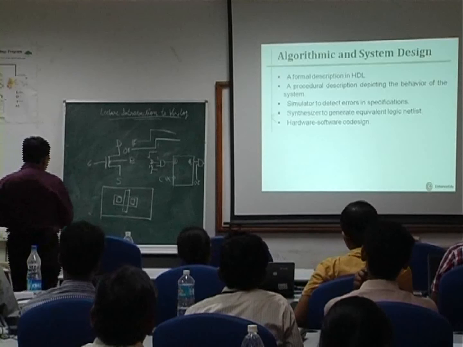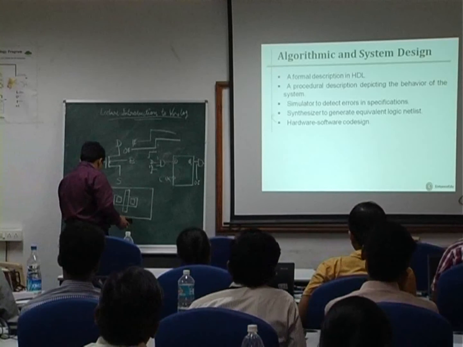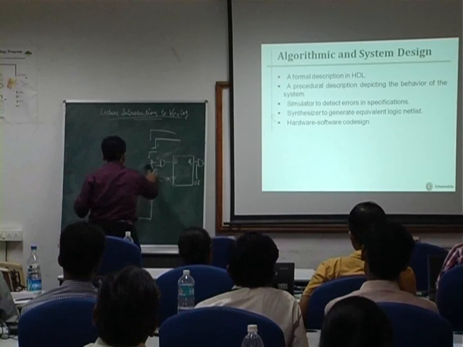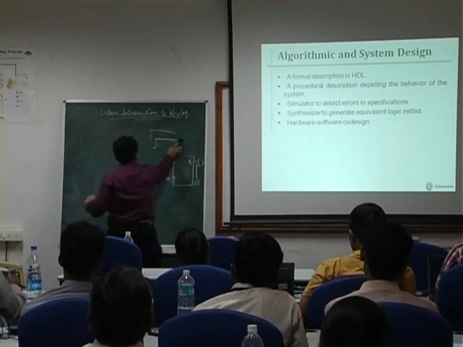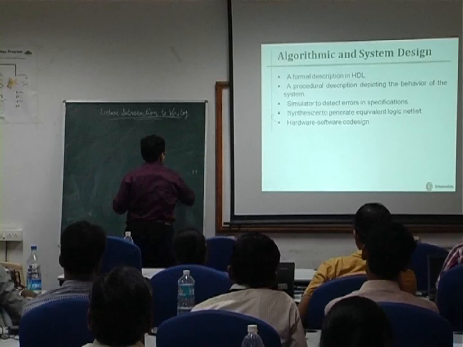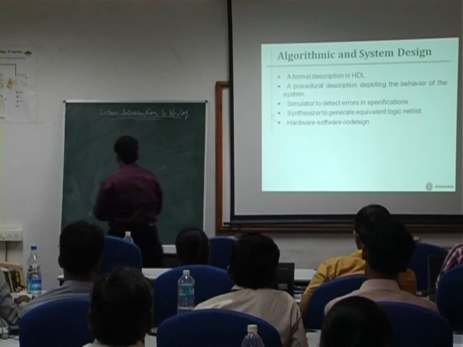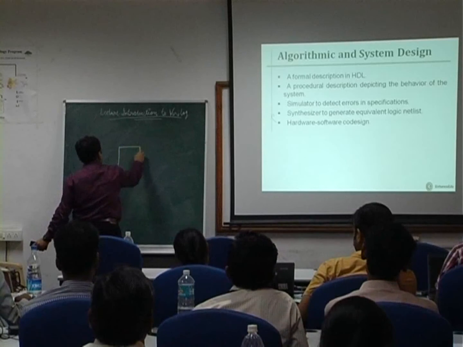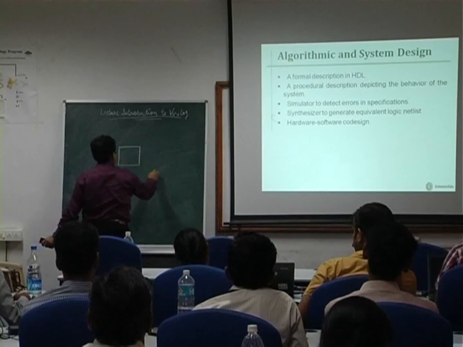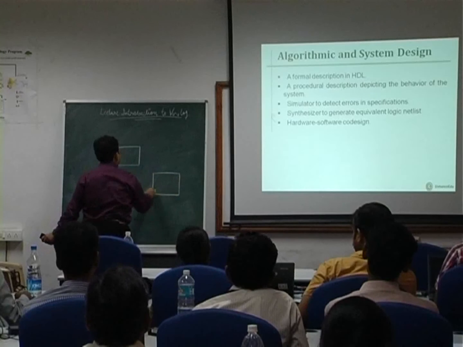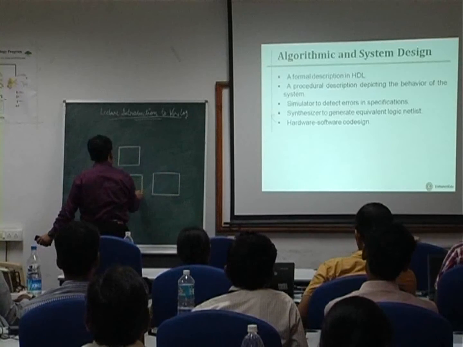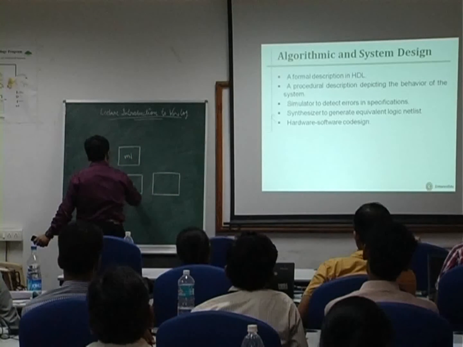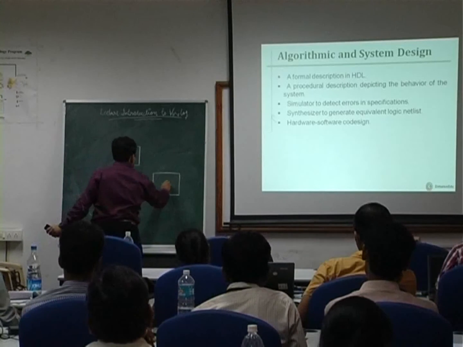So if you want to have an idea of a net list, let us assume a circuit consists of these three modules M1, M2 and M3.